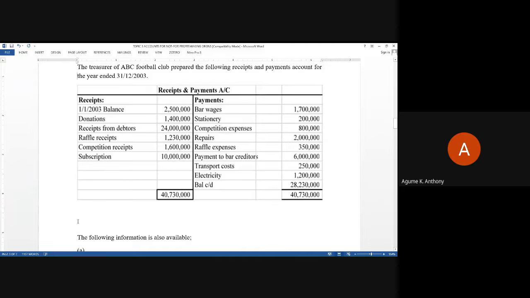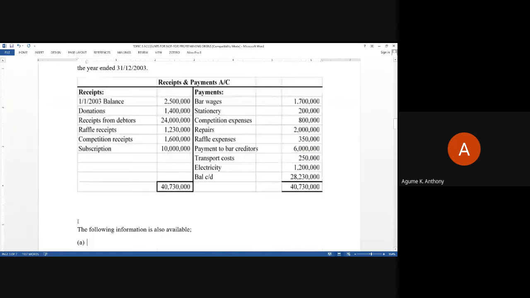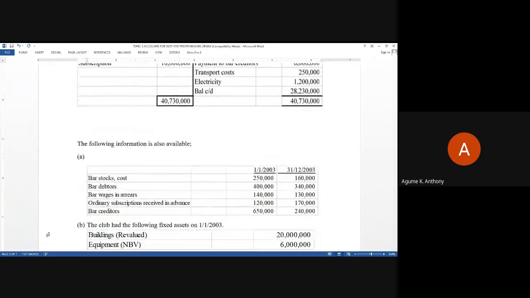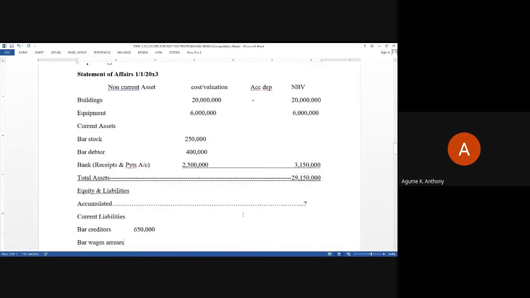You are looking at your hard copy. So bar wages in arrears at the beginning, it is 140. So I need to check 140. That is bar wages in arrears.